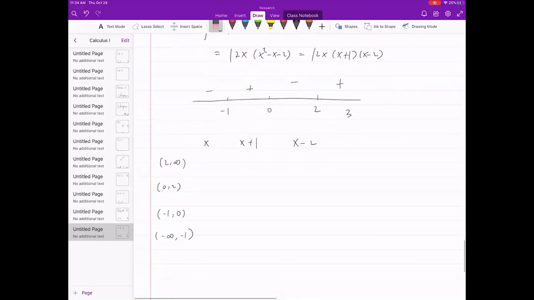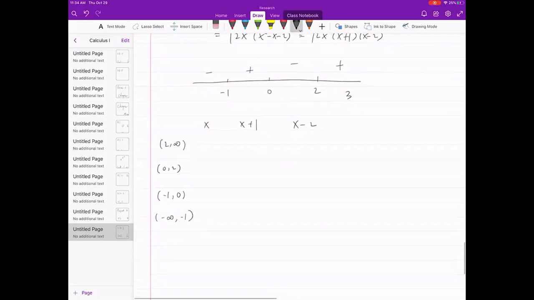The second way of doing it is simply by argument. You have 3 factors, right? The whole thing is positive or negative depending on whether each factor is positive or negative. From 2 to infinity, what is x? Positive. x plus 1, positive. x minus 2, positive. Together, positive times positive times positive times 12, positive.